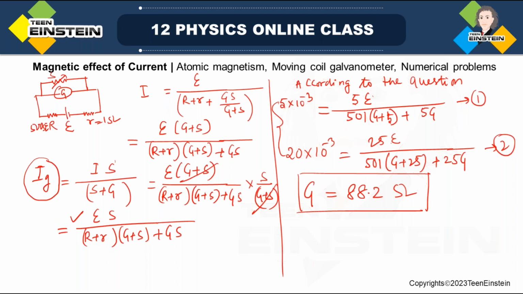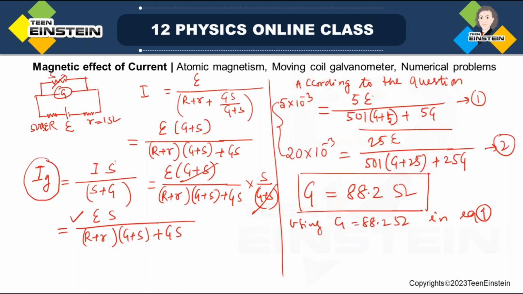Once we know that, we will be able to find out the EMF. We can use G equal to 88.2 ohm in equation 1.